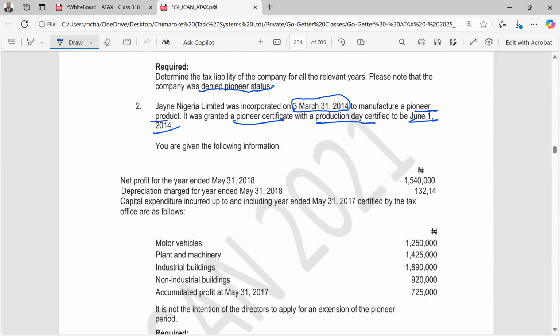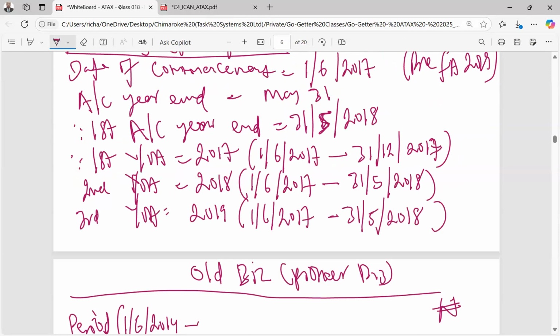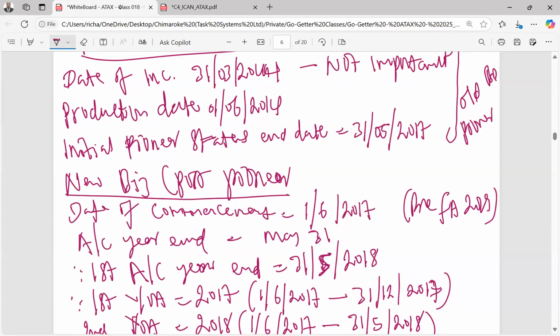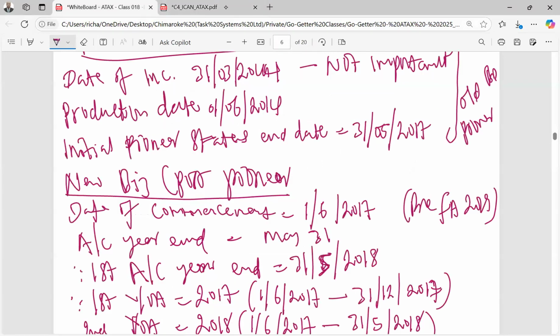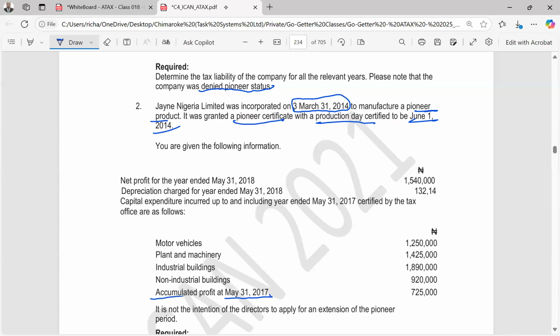Did they give us year by year period? Accumulated profits. Let's see what we were told. The pioneer is going to end when? Pioneer is going to end 31st of May 2017. And when you say accumulated profit as at 31st May 2017, which is this date here, it means this is for pioneer. So this is pioneer profits.